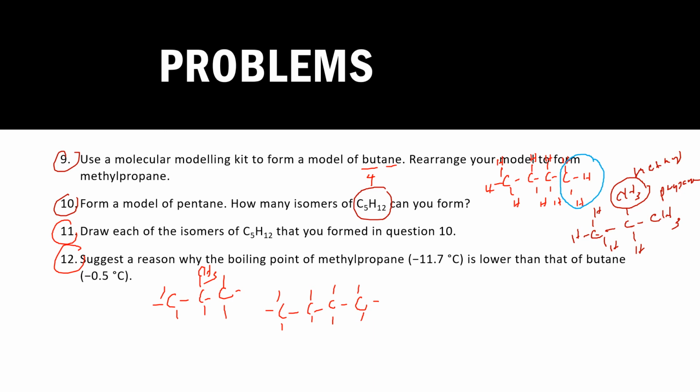That's the basic characteristic regarding the boiling point. Another thing, methylpropane is branched, so that's why these differences are there.